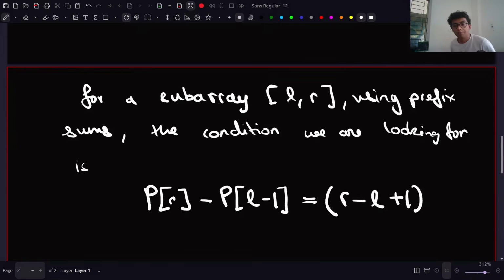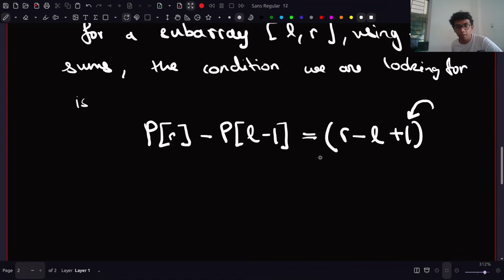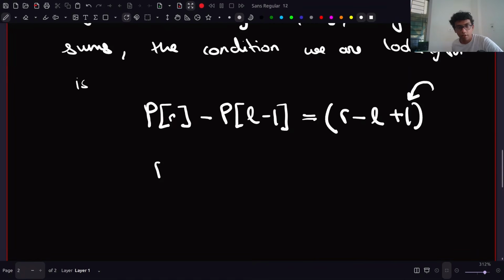What if we want to get rid of this plus one, because it doesn't look very nice in the equation to have a plus one. Instead of thinking about it as subarrays at L and R which are completely closed, we can start thinking about subarrays from L minus 1.